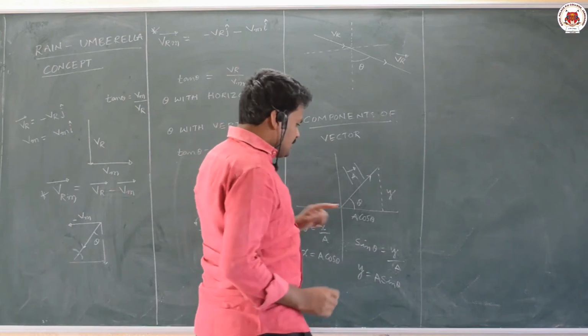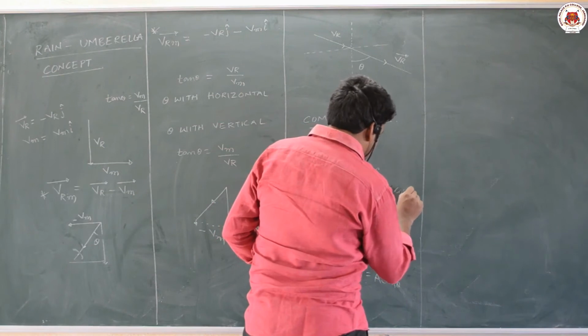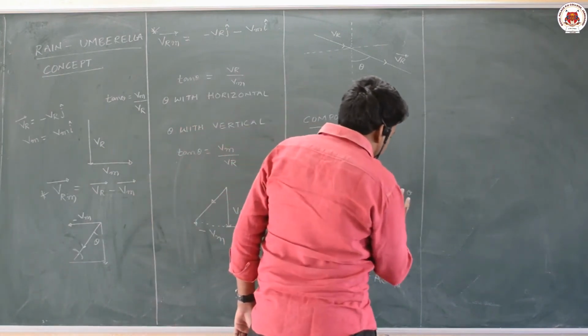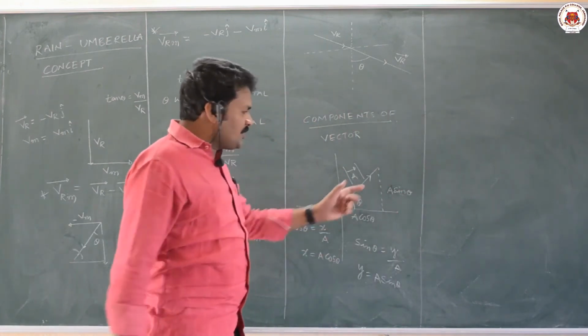That means this is a cos theta, this is a sin theta. A vector which is present in the xy plane can be represented like this.